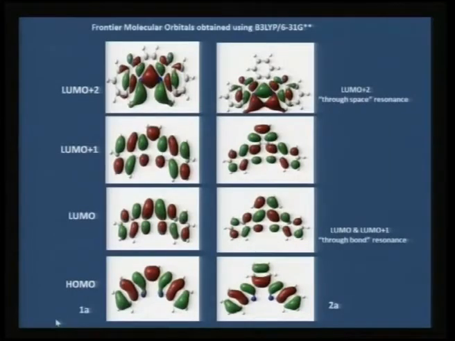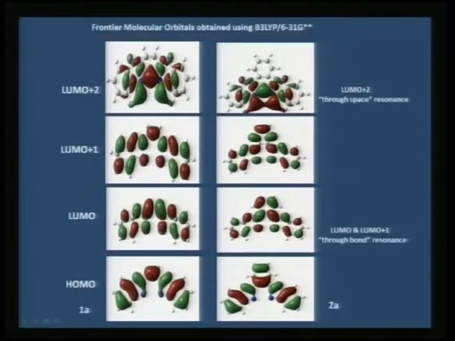Now just to give a visual picture of what these calculations mean, if you look at the frontier molecular orbitals and if you use the B3LYP functional with this basis set, then this is the sort of charge resonance picture that evolves when you consider the 1A molecule.